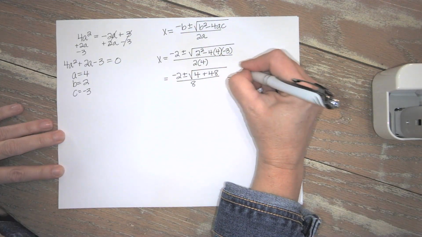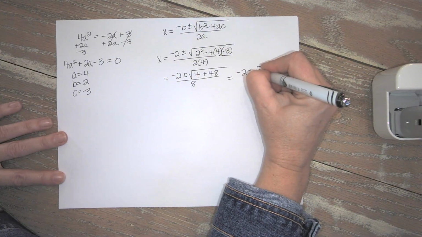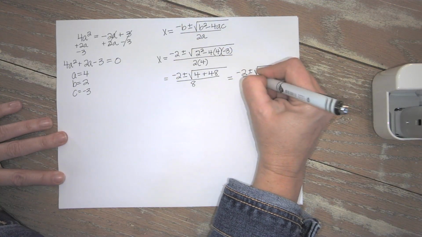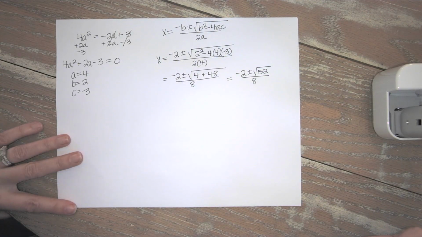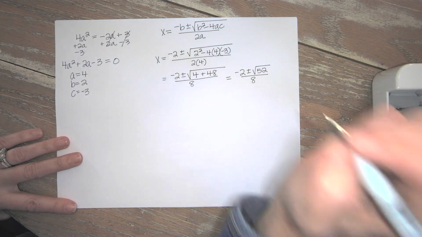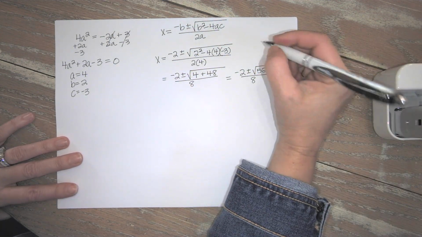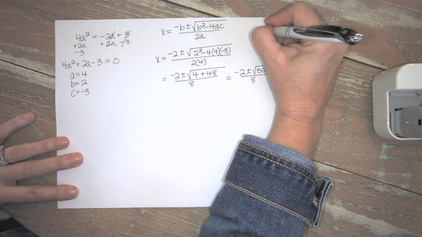Negative 2 plus or minus 4 plus 48 is 52, all over 8. Now the square root of 52 will simplify. I know that 52 is divisible by 4. In fact, 4 goes into 52 13 times.